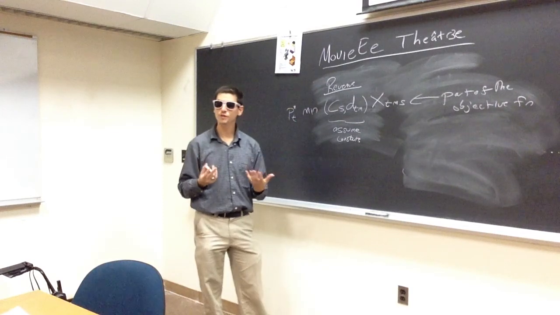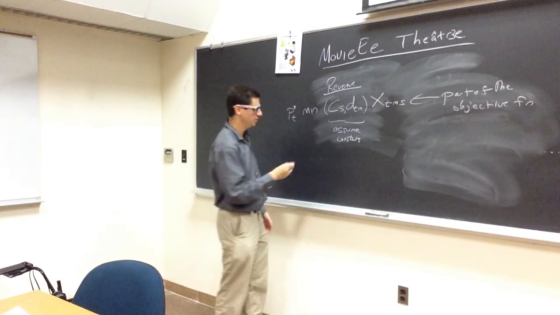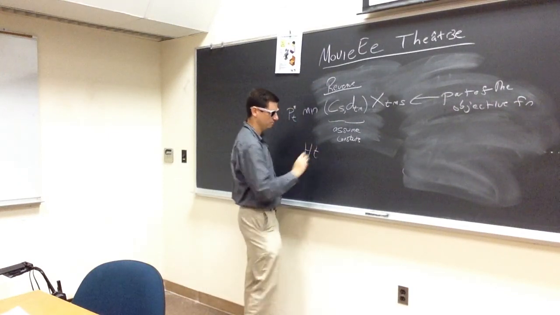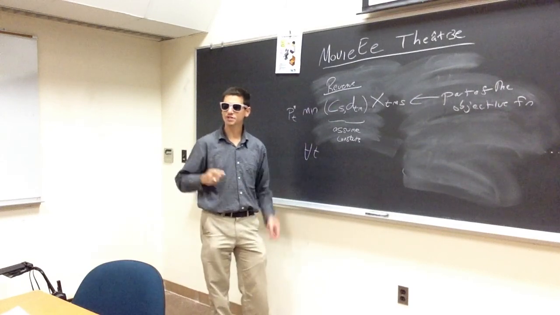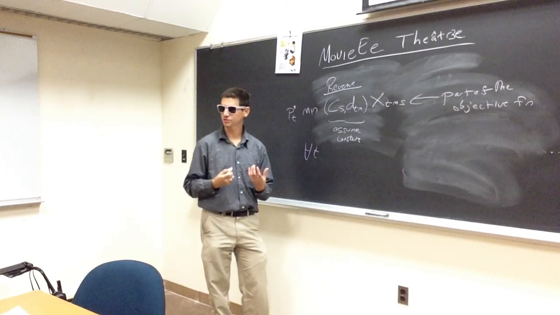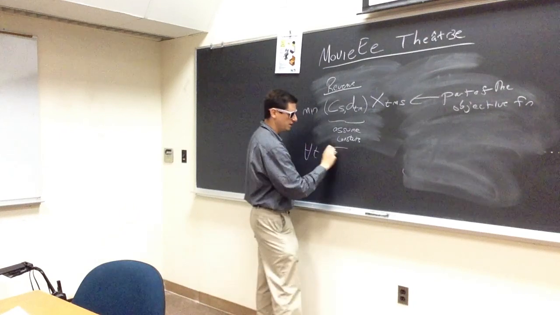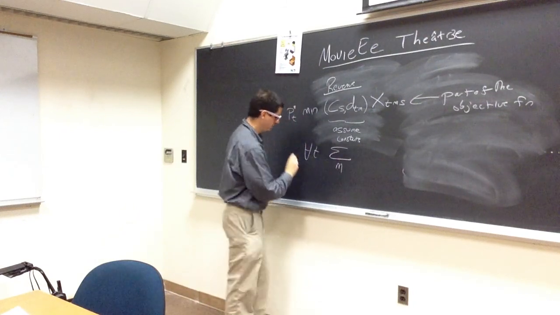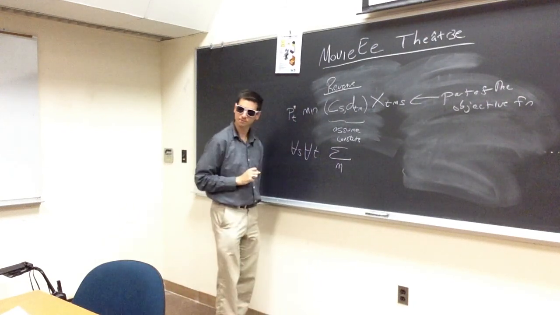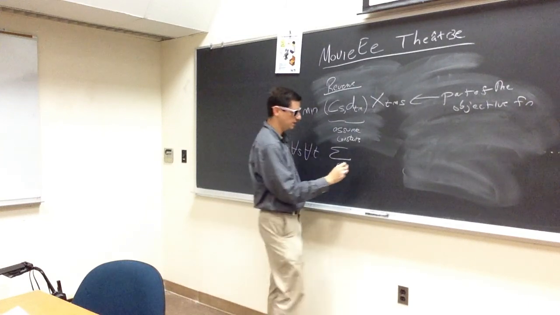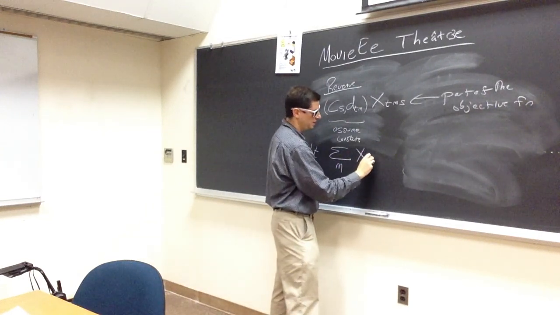Good, only one movie per screen at a given time. So for all time, we want to make sure there's at most one movie shown on that screen. So we would look at a sum over all movies. This would be true for all screens. And we look and see, here's x of TMS.